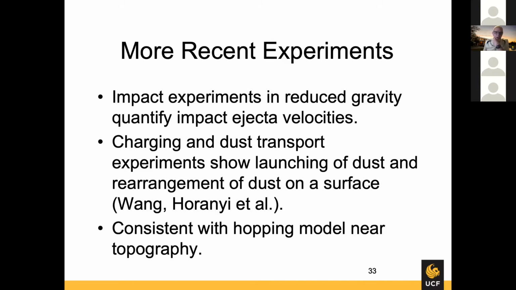Most of our experiments have been done in a 0G environment, well, 0G or 1G, but for low speed impacts, nothing much happens at 1G. It's harder to get data at lunar gravity, but we're going to be proposing to do some experiments at lunar gravity, either using suborbital or parabolic airplane flights.